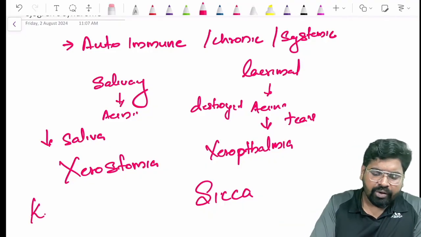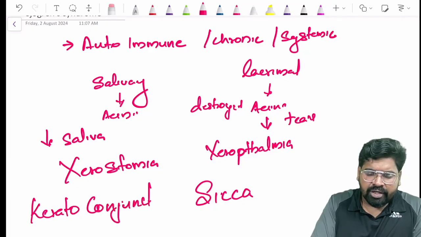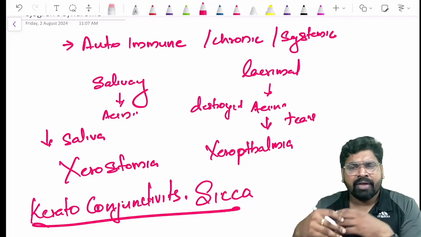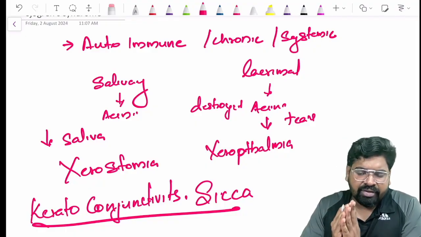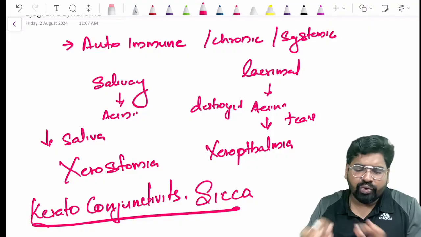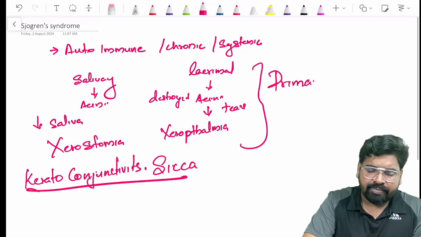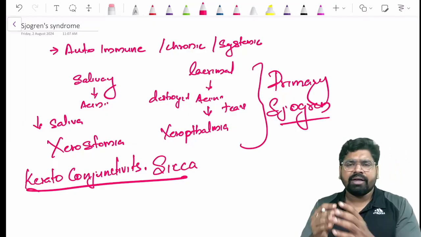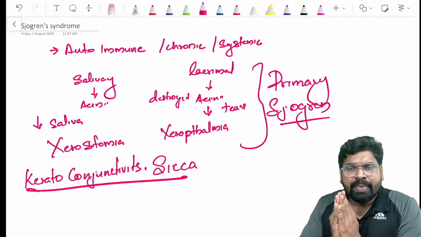That is called keratoconjunctivitis sicca, where there is keratinization because of the constant irritation. If these two things are there, we call it primary Sjogren. So xerophthalmia and xerostomia combined is called primary Sjogren.